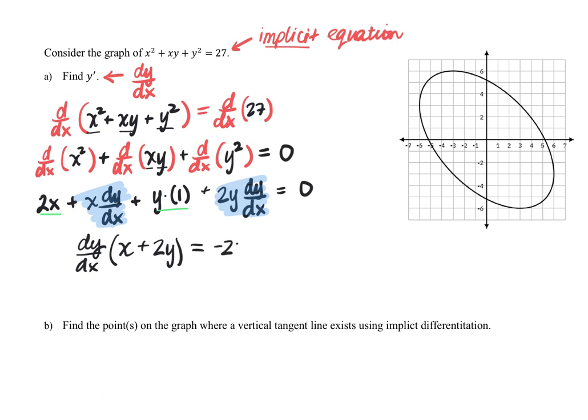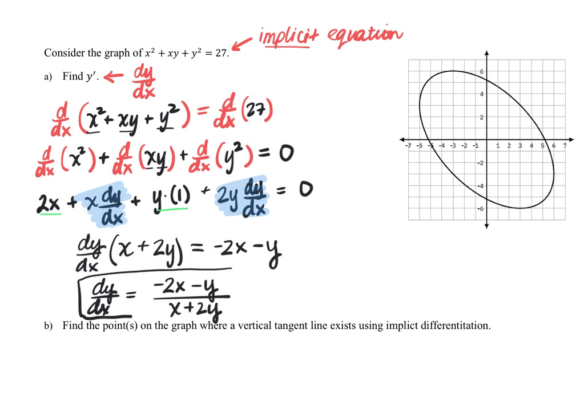That would be negative 2x minus y. Now we can finish by solving for dy/dx by dividing by the quantity x plus 2y. So this gives negative 2x minus y, all divided by x plus 2y. And this would be our answer for part A, when it asked us to find y prime.